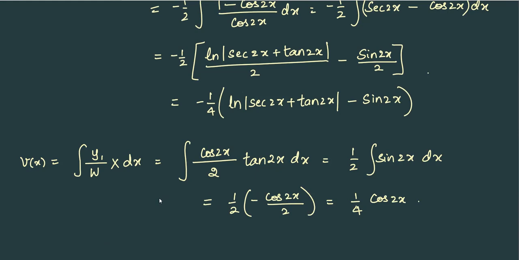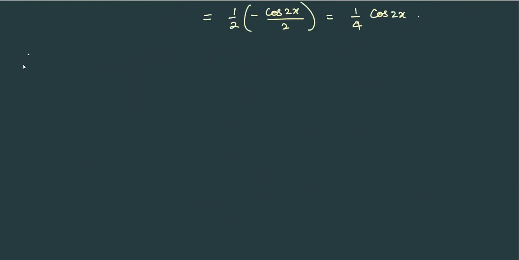So the solution now, therefore the particular integral, is u of x times y1 plus v of x times y2.